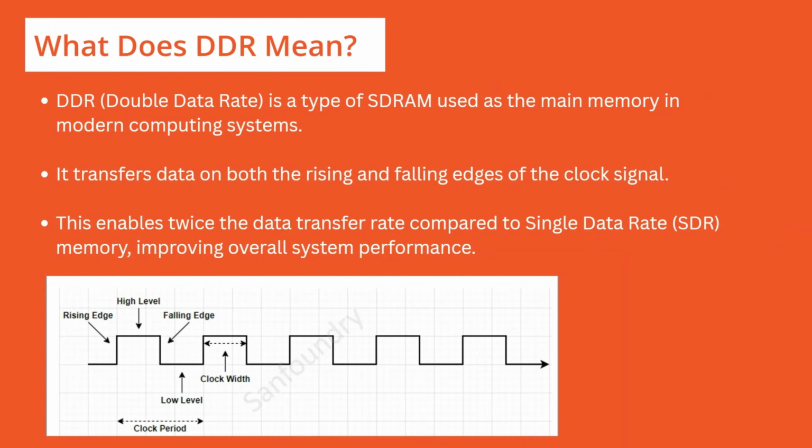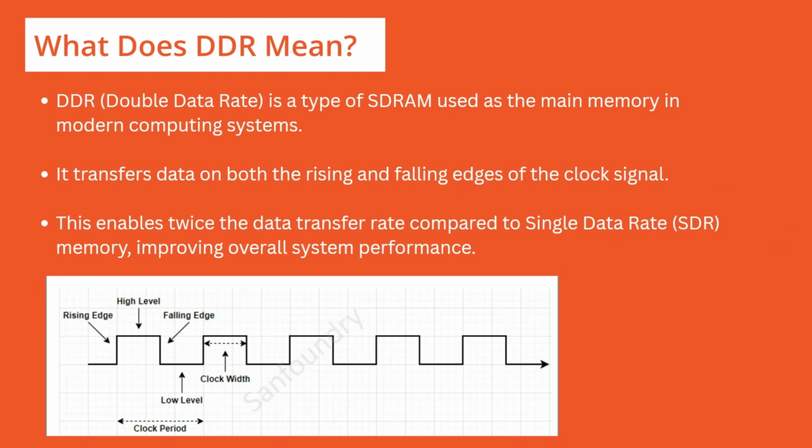Here you can see in the figure I have shown a clock where there is a rising edge, a falling edge, a level high and a level low indicated. On every rising edge of the clock, my data is transmitted. That is called single data rate.